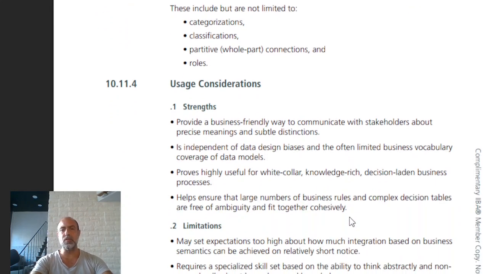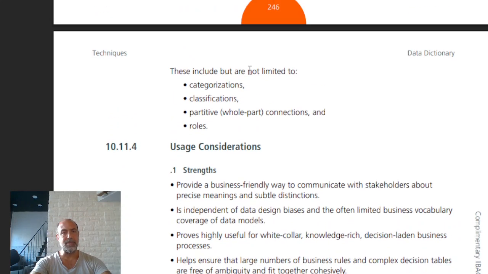Verbal considerations. There's categorizations, classifications, partitive, roles.